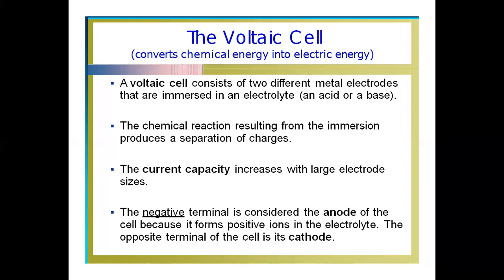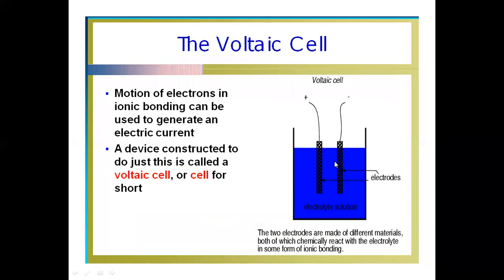No doubt, the current capacity of a particular battery depends on the size of the electrode. The negative terminal is considered the anode of the cell because it forms positive ions in the electrolyte. The opposite terminal of the cell is its cathode. So there are two terminals, one is the anode and another is the cathode.